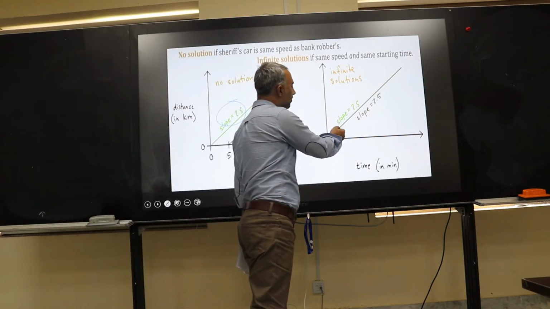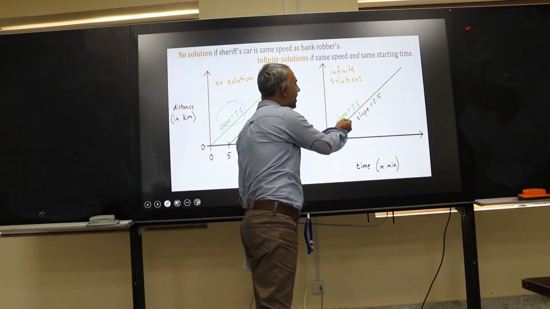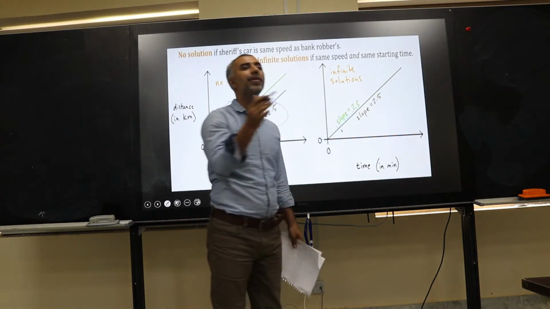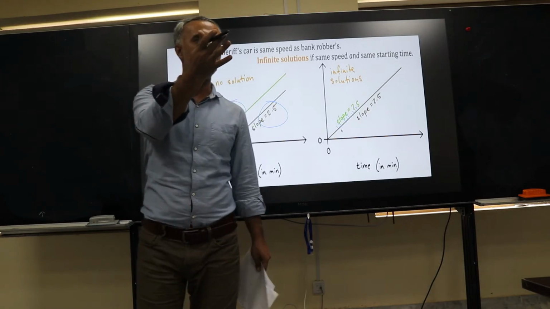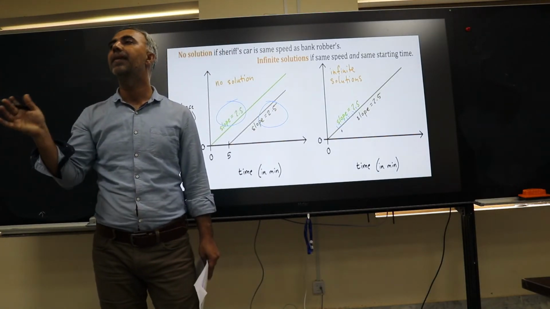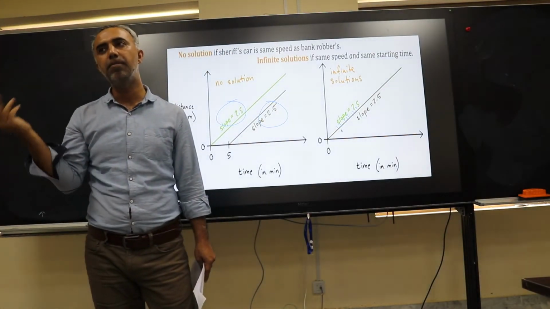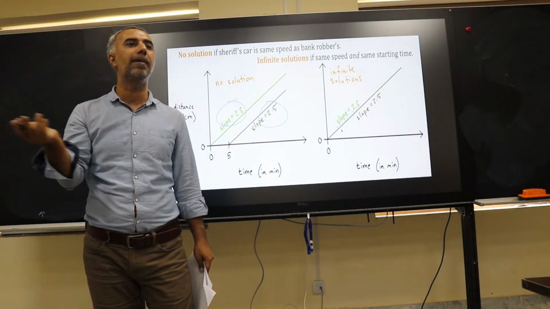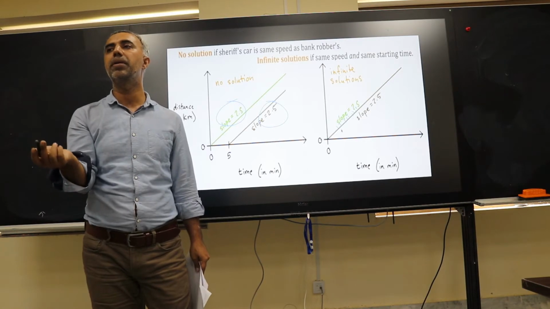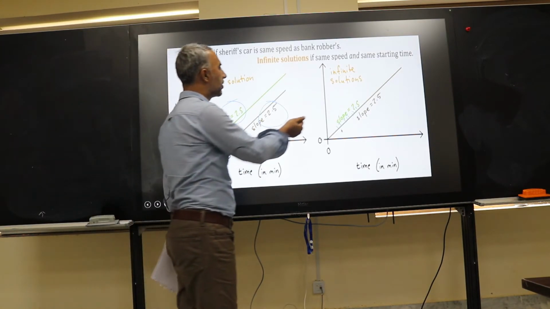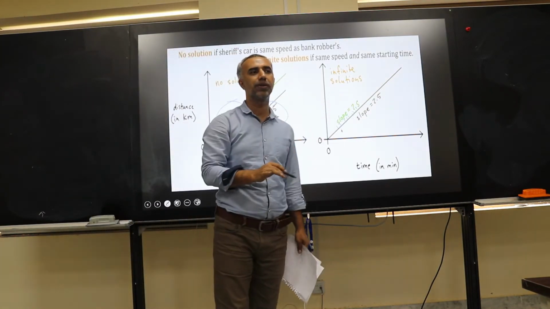But if they are colliding on a road, there are infinite number of solutions. They can be killed in the accident, maybe the policeman can be killed, or maybe the robber can be killed. Anything is possible. Maybe no one can be captured. But there are infinite number of solutions.